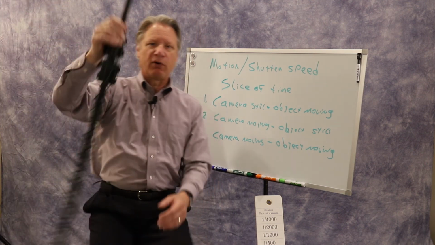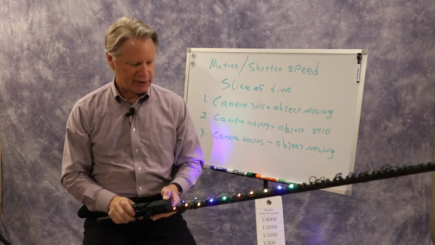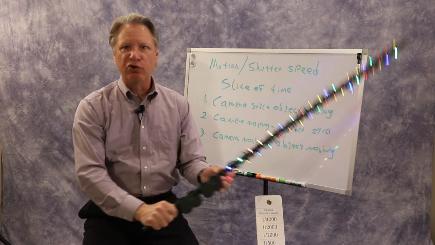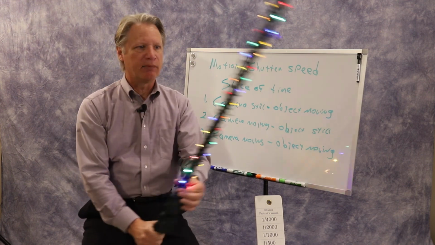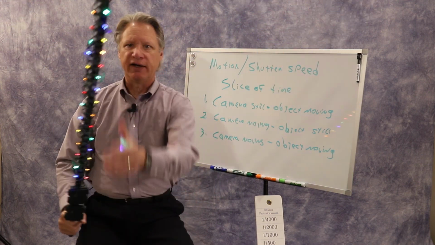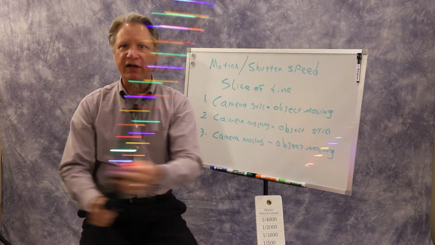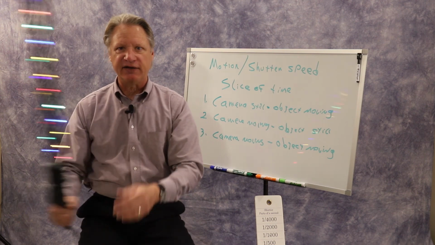and move them around, right? Hopefully these batteries are still good. They are. So you can see that if we were to be moving this, we get a little bit of blur with the video camera here, right? If we move this very quickly and had the shutter open, we would get nothing but a streak of lights.